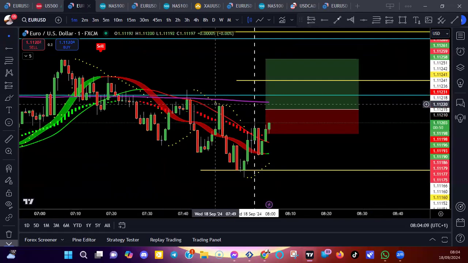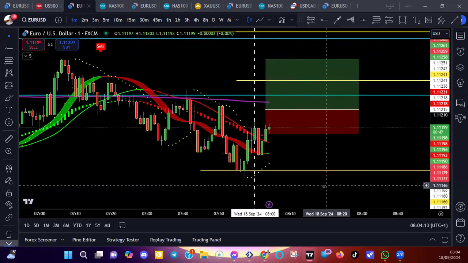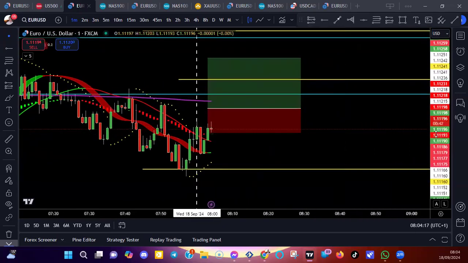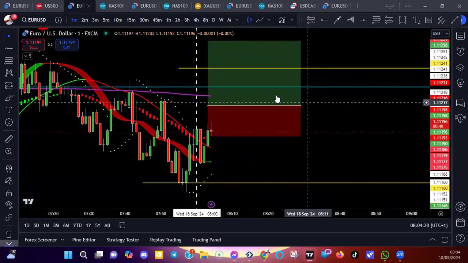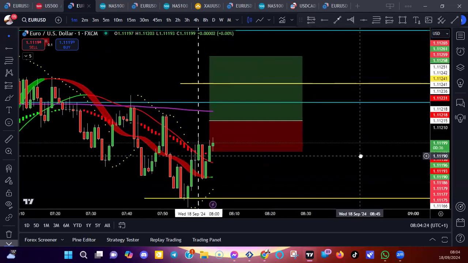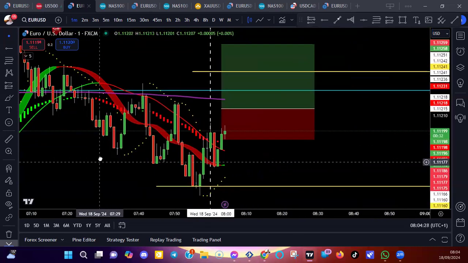But we are creating lower highs all the way down. So this is the time of the day when we have directional changes and things happen like that. More at this time of day because London's open now. So we have to bear that in mind.